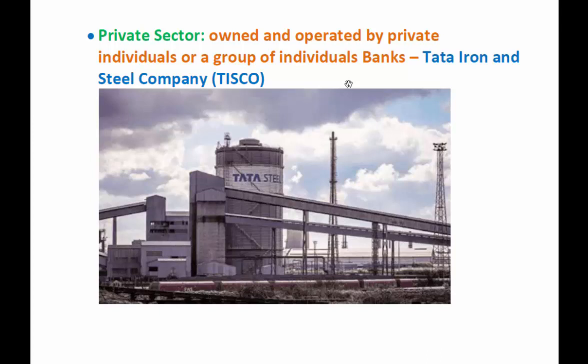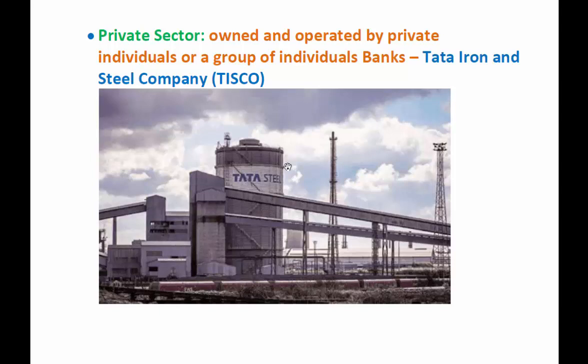These are all in the private sector because they are owned and operated by private individuals. All right. So one of the best examples is Tata Iron and Steel Company, which is also known as TISCO. You can see from the picture right here. This is Tata Iron and Steel Company, which is located in Jamshedpur.